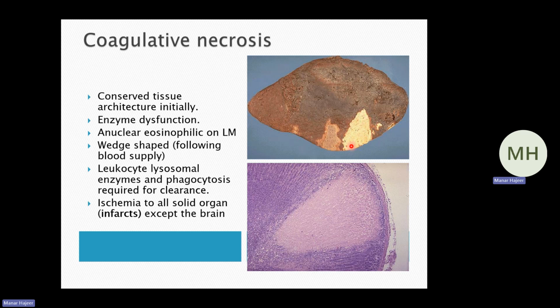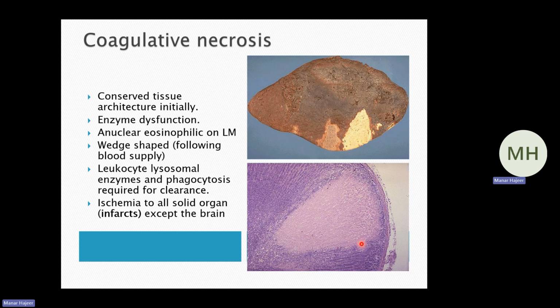Now, macroscopically at the level of the organ, the coagulative necrosis area will appear pale because the underlying mechanism of coagulative necrosis is the loss of blood supply or ischemia. Ischemia to all solid organs, including the liver, the spleen, the kidney, the heart, will result in coagulative necrosis. ما عدا in the brain, it will result in another type of necrosis.